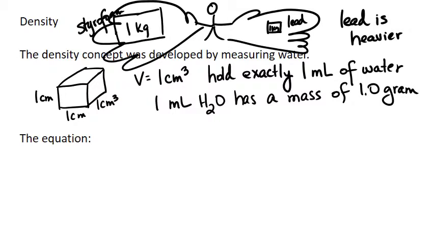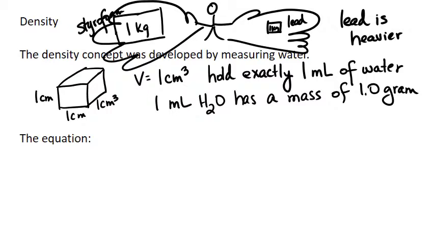Because density is an intensive property, that means it doesn't depend upon the amount. No matter how much water I have, it's going to take up more space, but it's also going to have more mass. If I have 50 milliliters of water, then it's also going to have 50 grams, and it'll take up a specific amount of space.